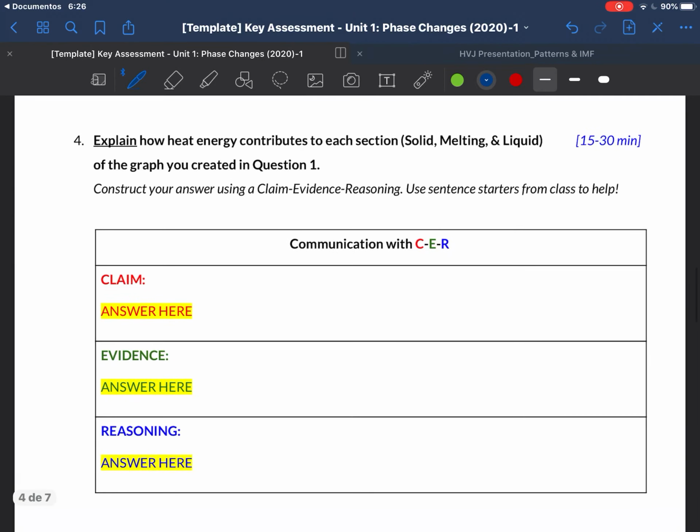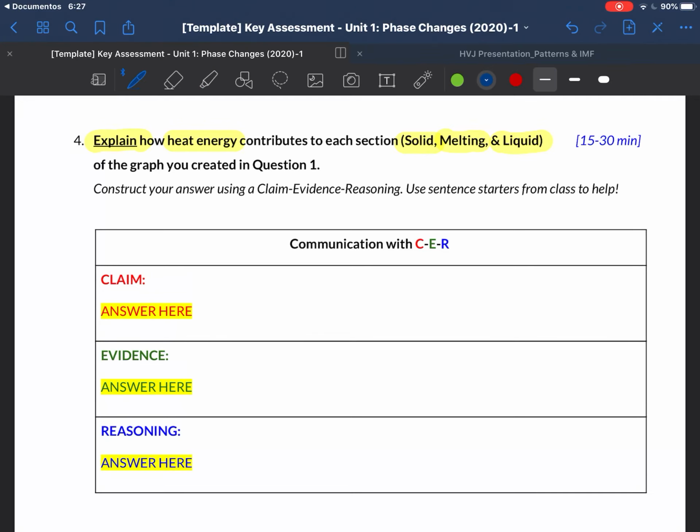All right. This next section, I think many of us would have improved our score by carefully reading what the question asked us to do. So the question asked us to explain, we see that word explain again, how heat energy contributes to each section: solid, melting, and liquid.